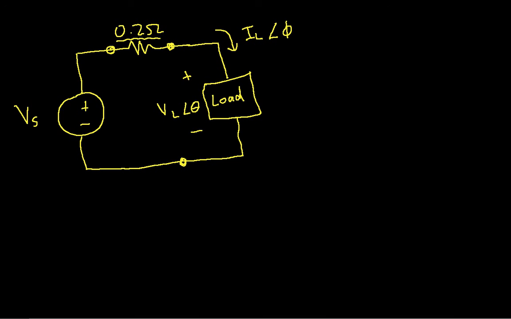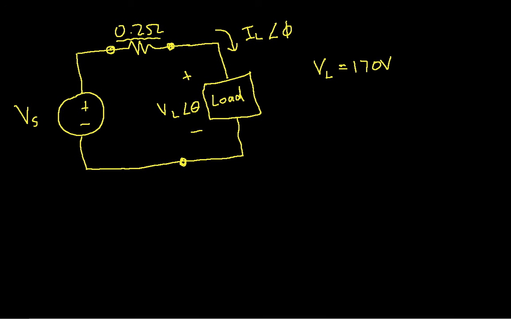Okay. Now, the information that will be given is, one, that the magnitude of the voltage for the load is going to be 170 volts. This is the peak value. And this corresponds to an average or effective value, RMS value, of 120 volts.